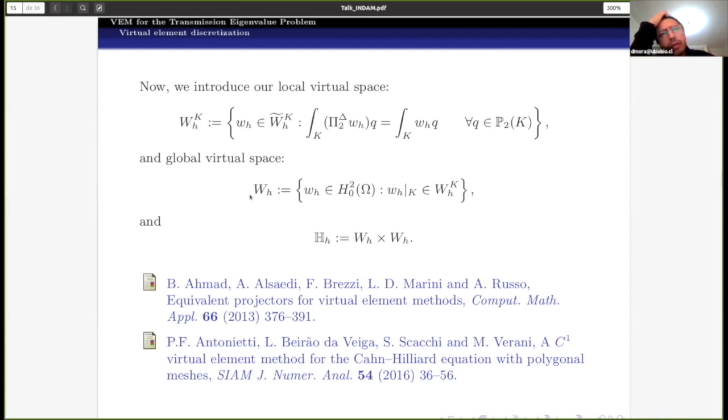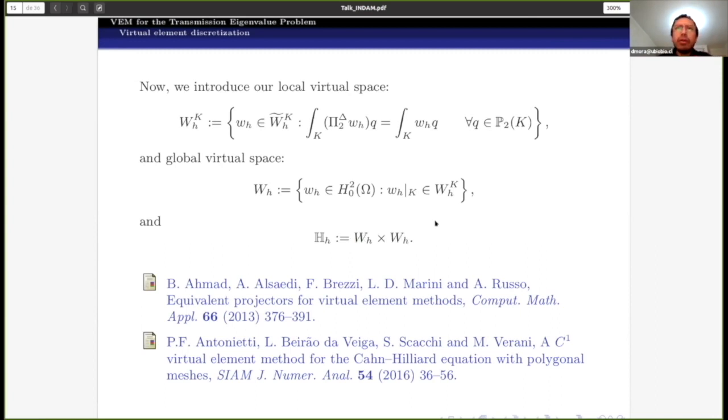So what we are going to consider here now as a discrete space, H_h, will be the product space of this W_h, which is a C1 space constructed in order to approximate u. But in this case, we can also use it to approximate the other quantity, the additional unknown, which is a multiple of u.